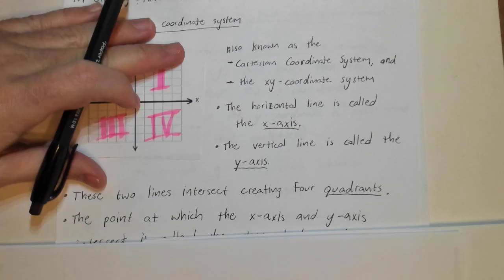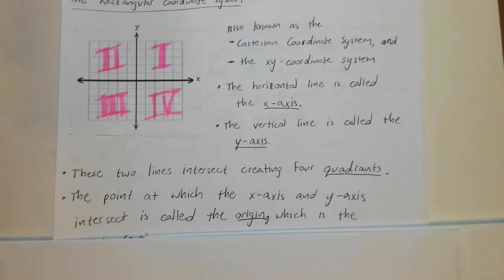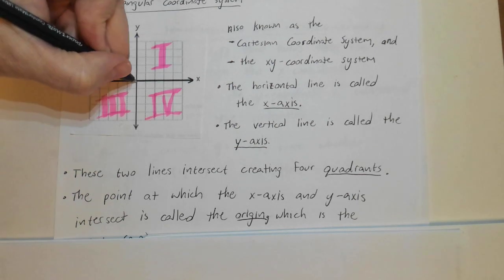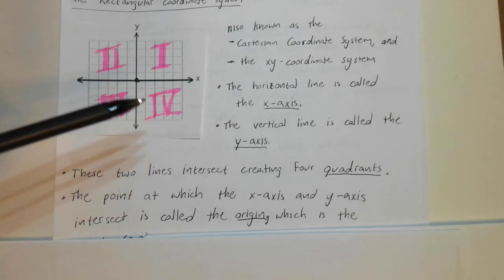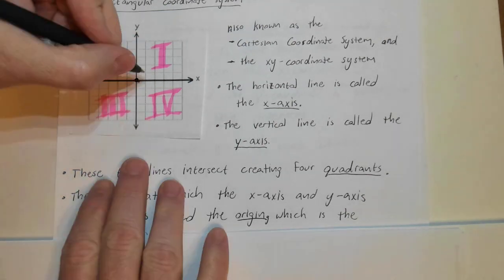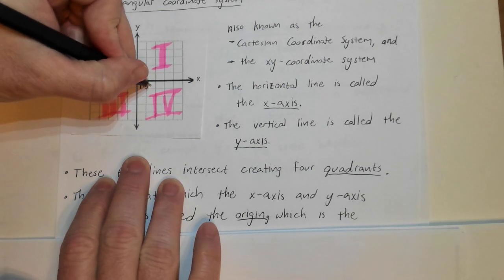The point where the x and y axis intersect is called the origin. So this point right here is the origin, and that point is called 0, 0.